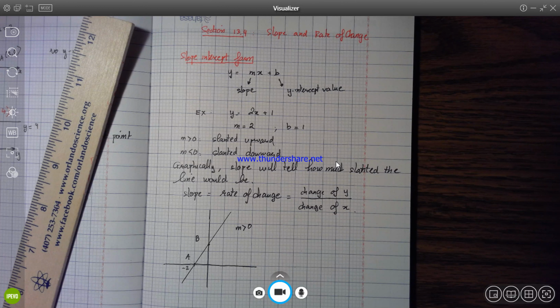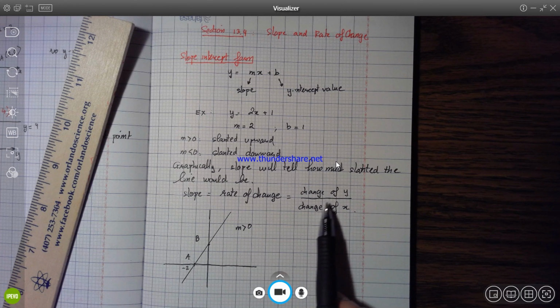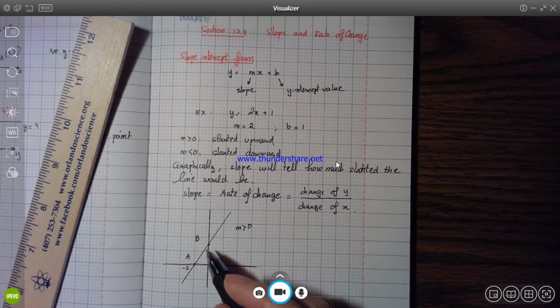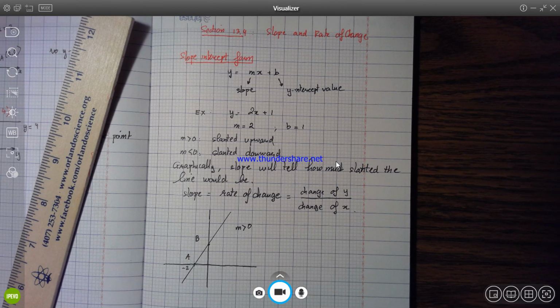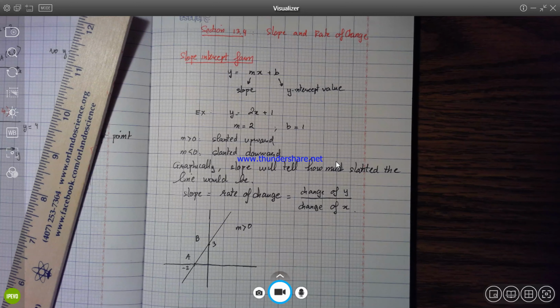But over here, I also say that slope is the change of y over the change of x. Over here, I have point B is (0, 3). Look at that.